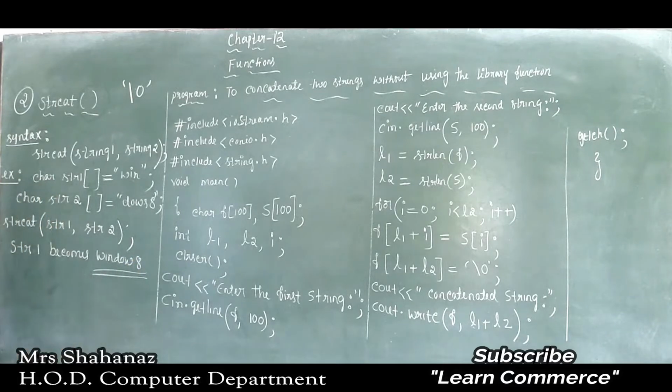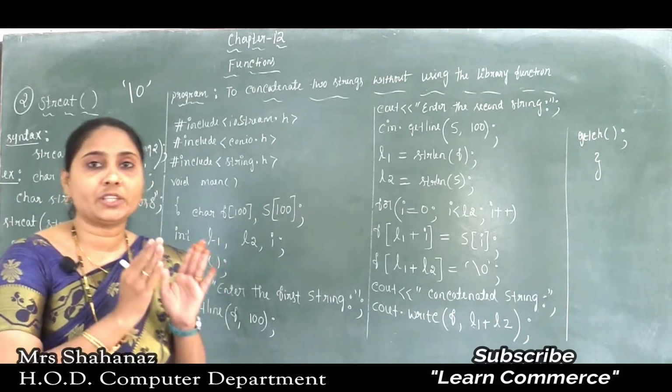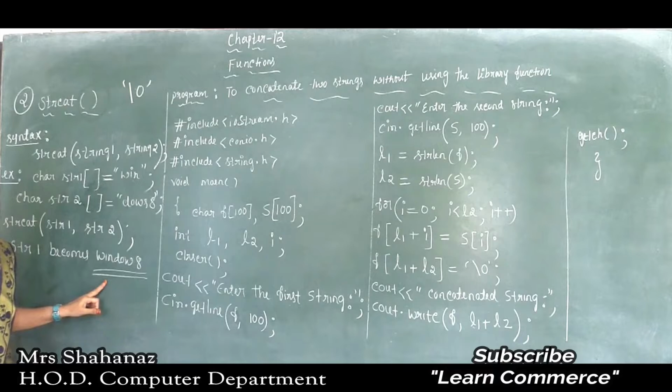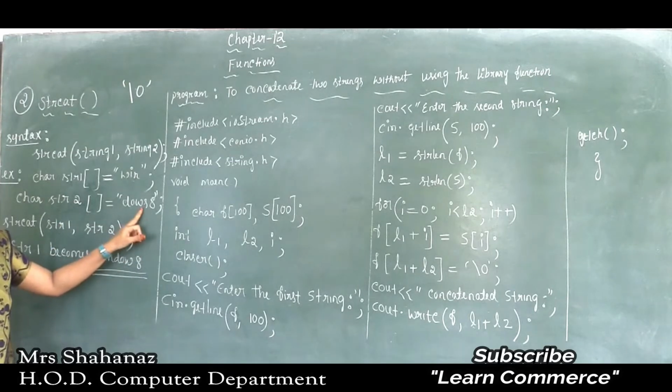So now we use strcat. This strcat is used just to combine two strings. So here the string 1 becomes Windows 8, but there is no change in str2, which is equal to string 2, only DOS8.